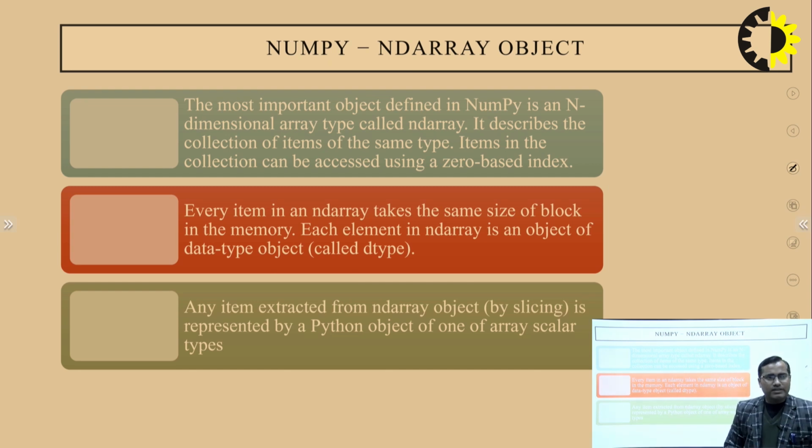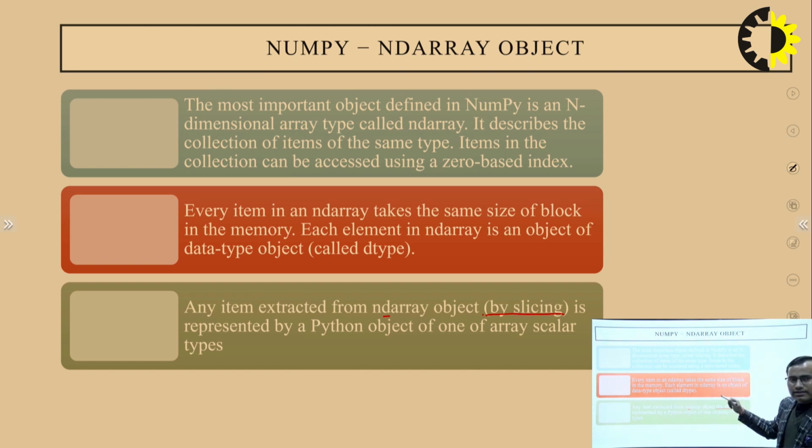Every item in the ndarray takes the same size of block in memory because the items are of the same type, and each element in the ndarray is an object of a data type object called dtype. Any item is extracted from the ndarray object by slicing or indexing.